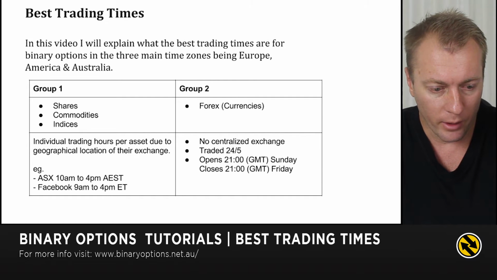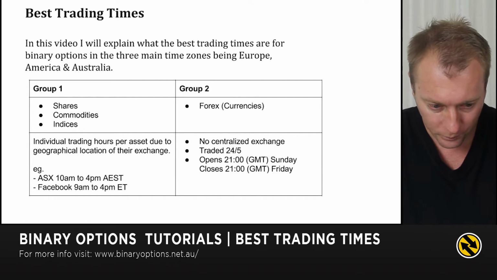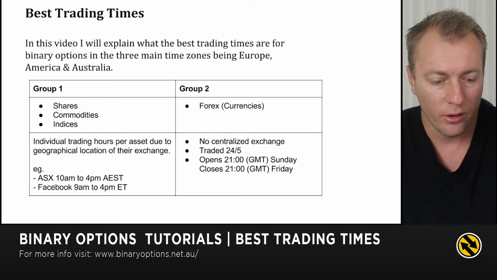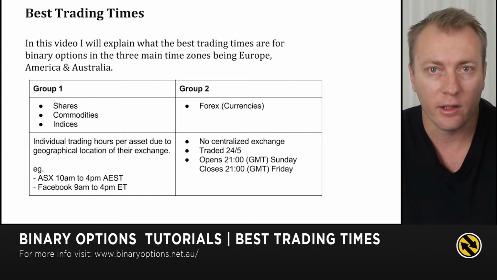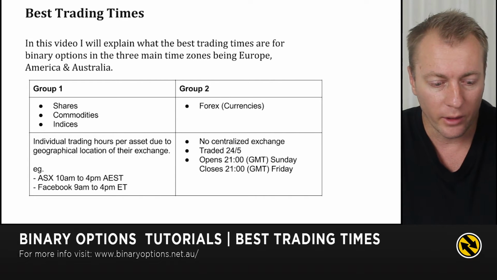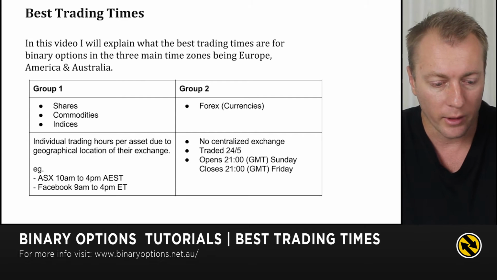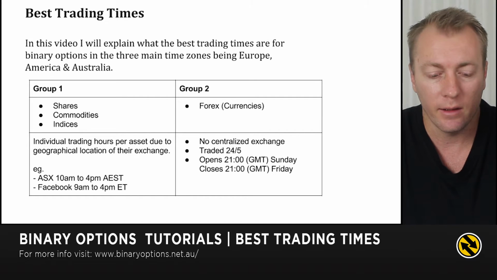The reason I've broken them into two groups is that in group one, there really are individual trading hours per asset due to the geographical location of their exchange. For example, you can only trade the Australian Stock Exchange or the ASX indices from 10 AM to 4 PM Australian Eastern Standard Time.